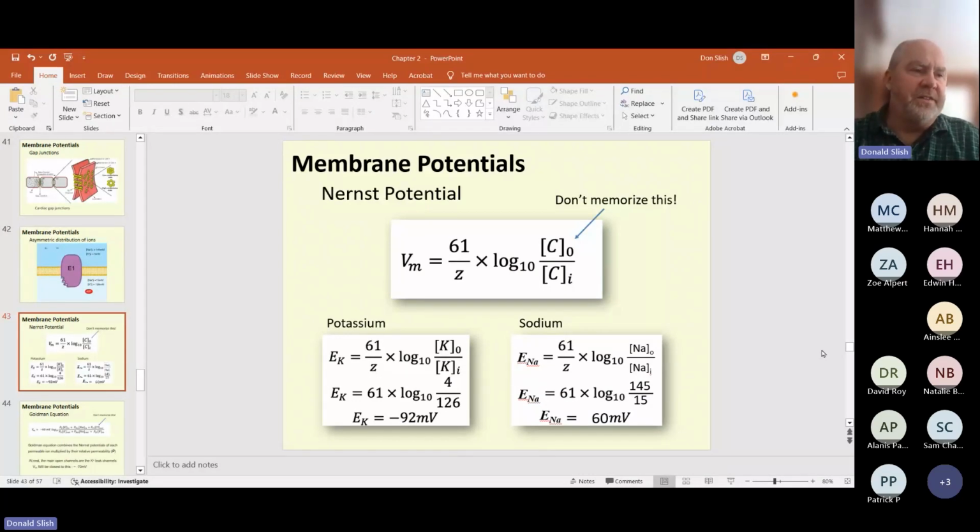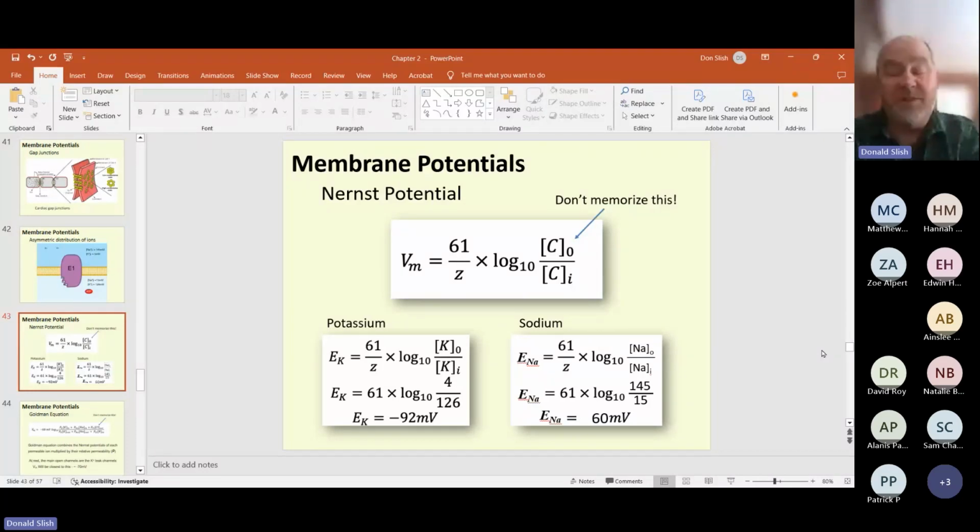Now, the thing that complicates that is it's a charged particle, which means its movement is controlled by the concentration gradient, but also by its charge. Because if it's positive on the inside of the cell, a positive ion is going to have a hard time getting in, because it has to go against that charge gradient.